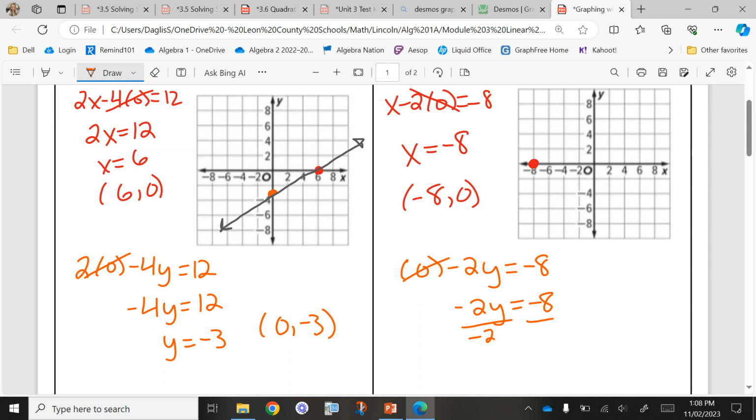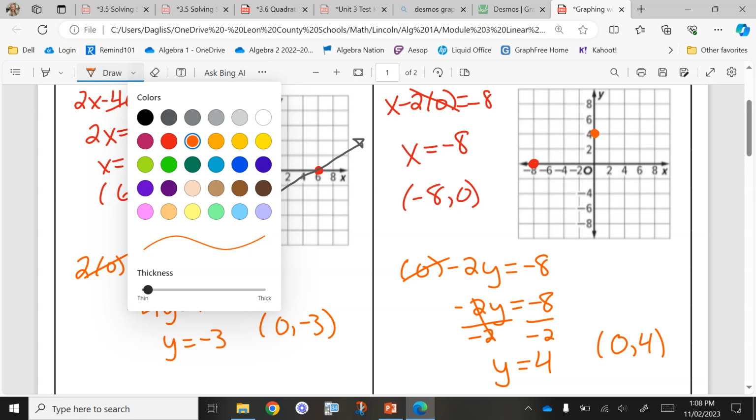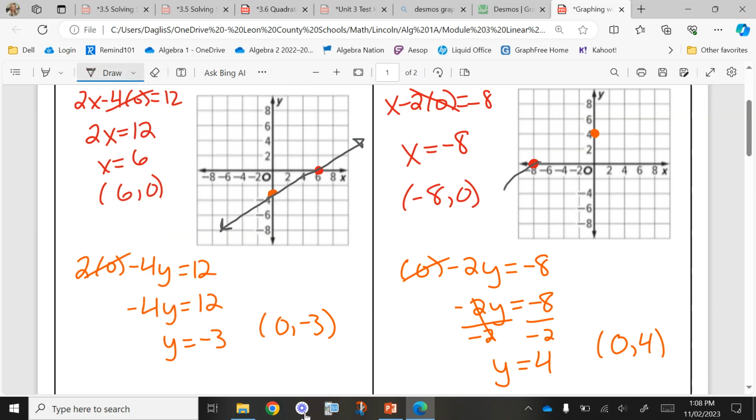Right? No, you're right. Positive 4. So your y-intercept, when my x is 0, my y is 4. Does that make sense how we write the point? When our x is 0, my y is 4. So I didn't move left or right, but I did move up here to 4. And then we connect.